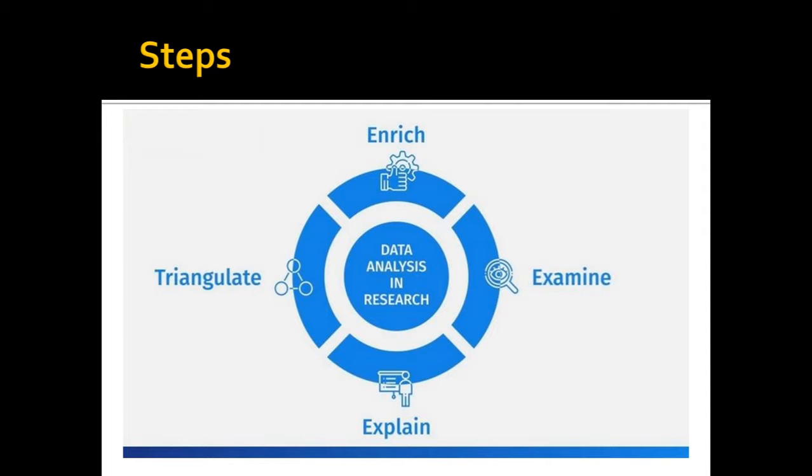That means your explanations have to be supported with additional sources of information like review of literature, experts' opinions, or any other theories which can help, or your own observations, your own work experiences can be put together, and we call it triangulation. And that's how your body of knowledge is enriched. The whole subject, you're contributing to the whole world's subject on your topic. That's what we call enriching the subject.